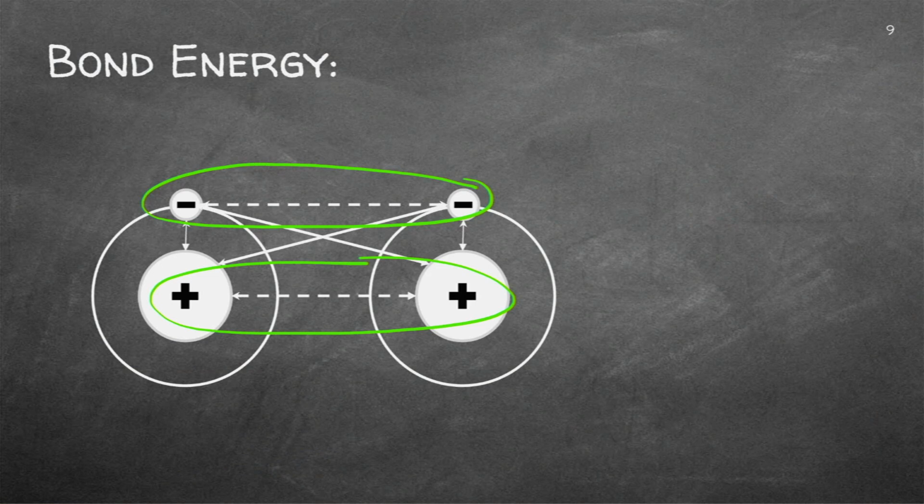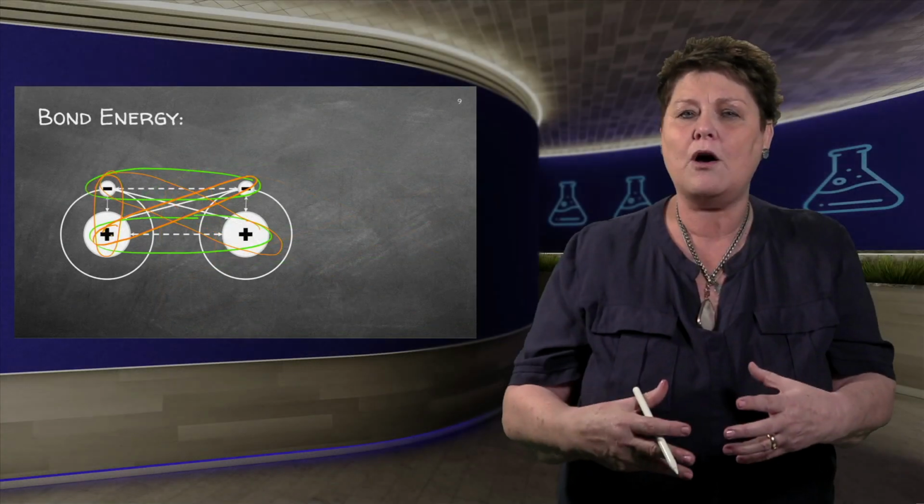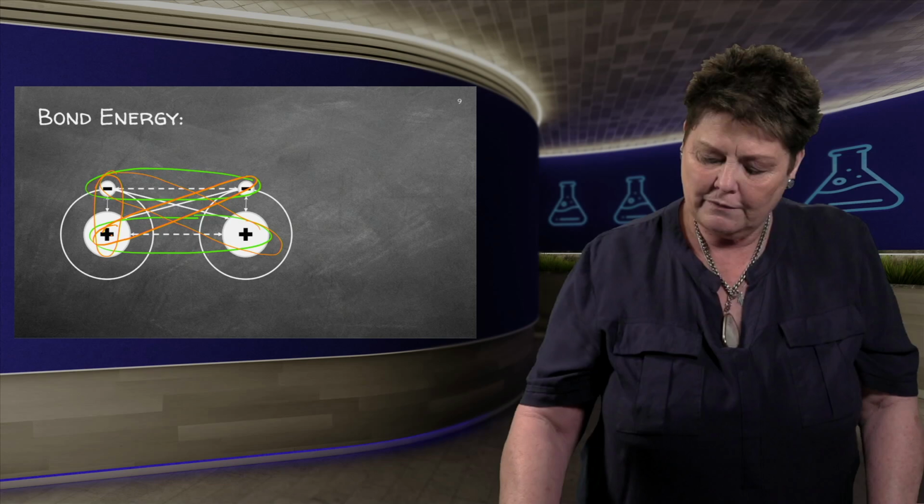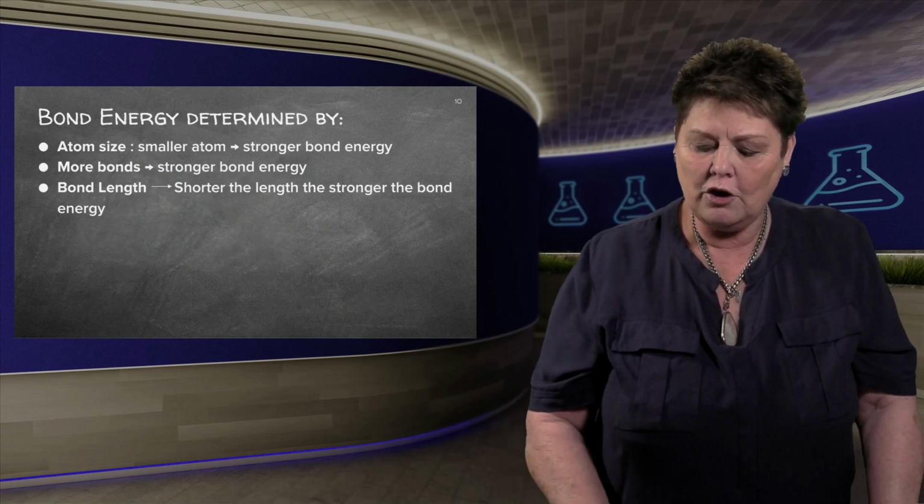But other than repelling, we also have attraction between that nuclei and that electron, and that will be attraction forces. So you can see there's many forces that's going to play a role when we bind and we break a bond.